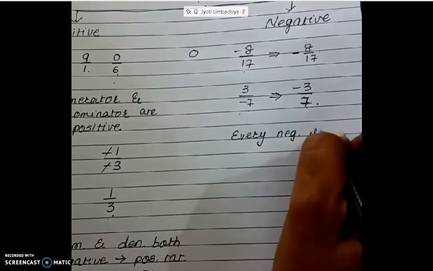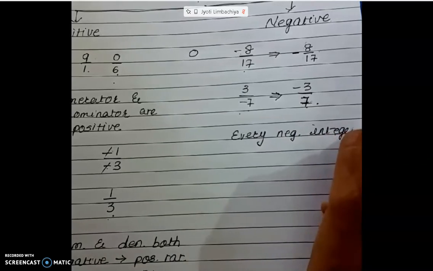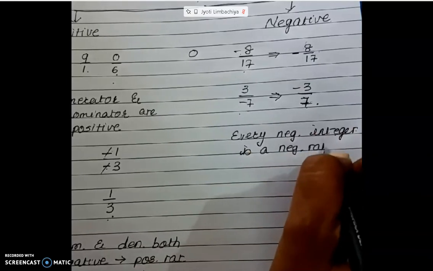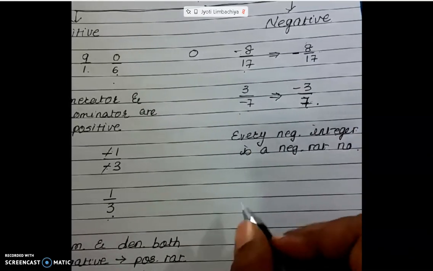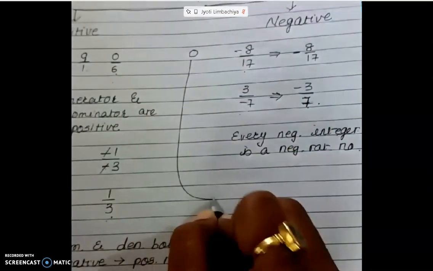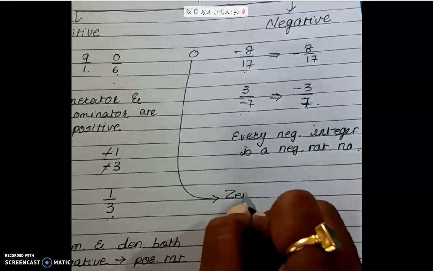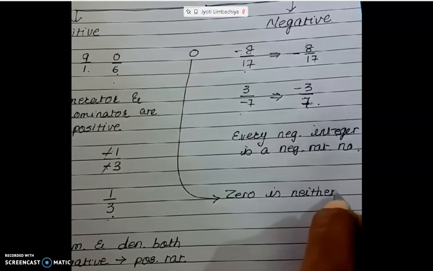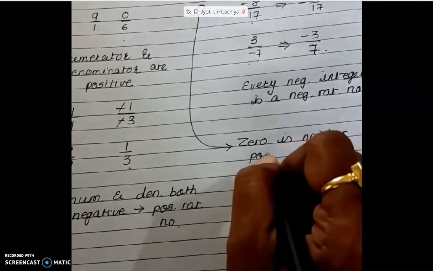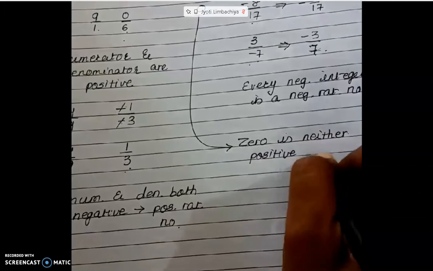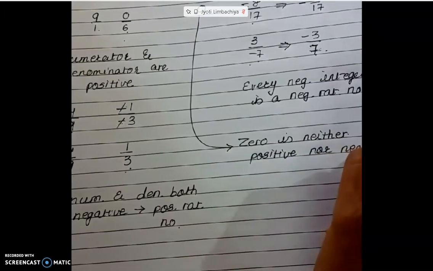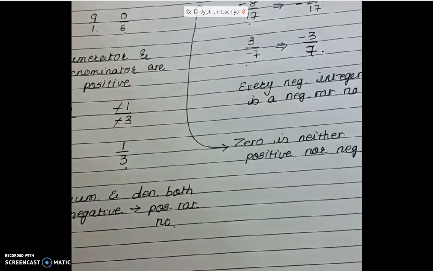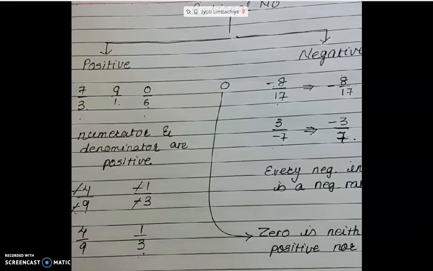Every negative integer is a negative rational number, and 0 is neither positive nor negative. All right. So this is how you can see some of the properties of rational number as far as the positive and negative numbers are concerned.